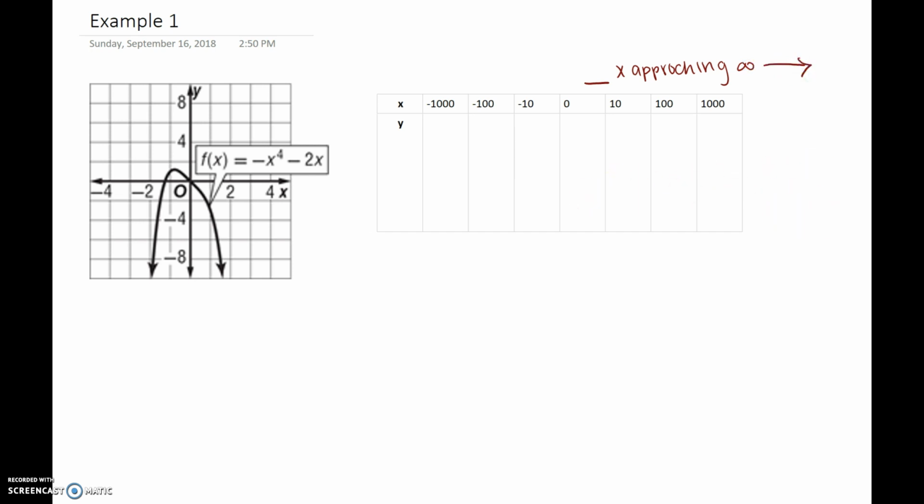So with your calculator, we're going to substitute in 0 for x, and we get 0. When we substitute in 10, we get negative, I'm going to have to write sideways, negative 10,020.